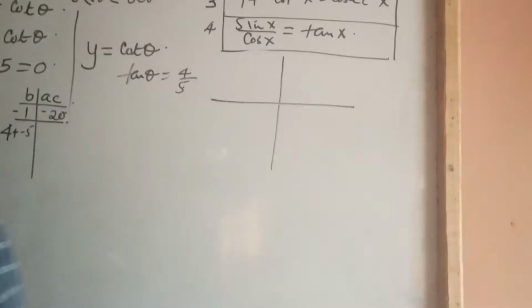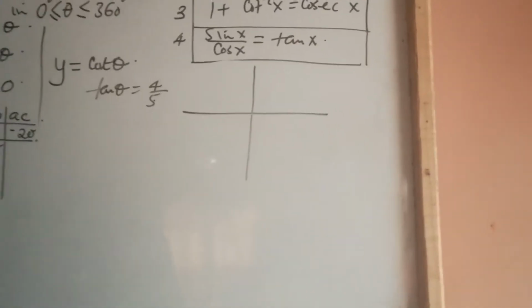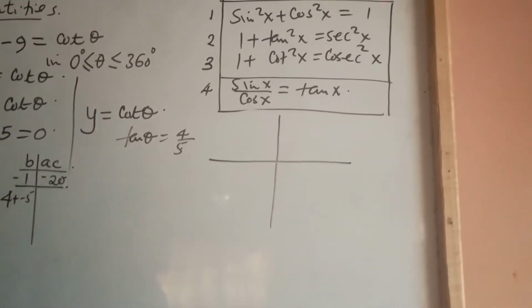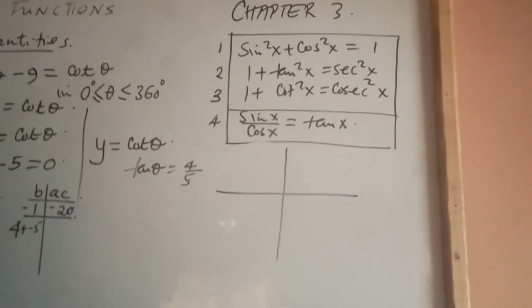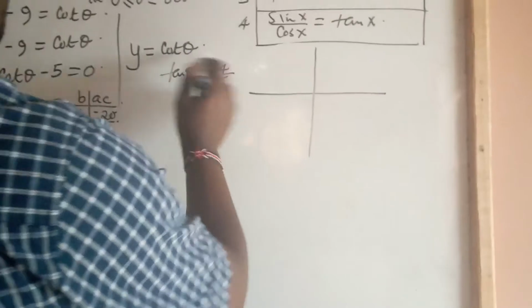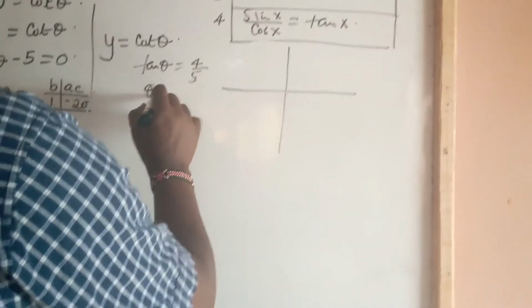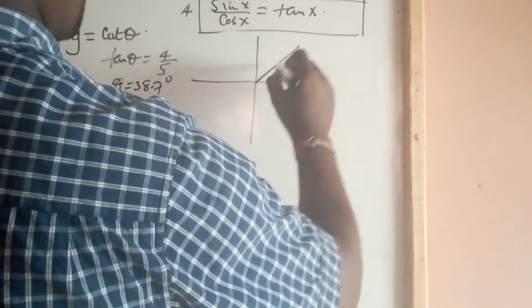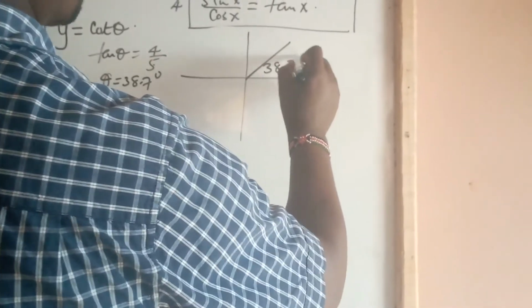So if we talk about shift tan of the answer, we are going to talk of 38.7 degrees. And since the tangent is positive, theta is supposed to be 38.7 degrees. So we are talking about 38.7 degrees.